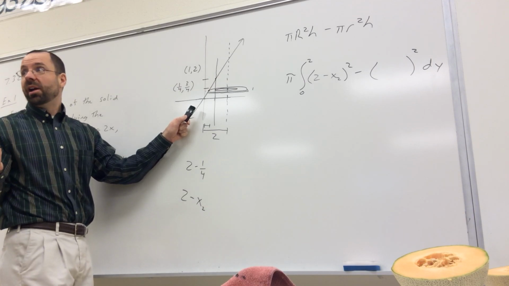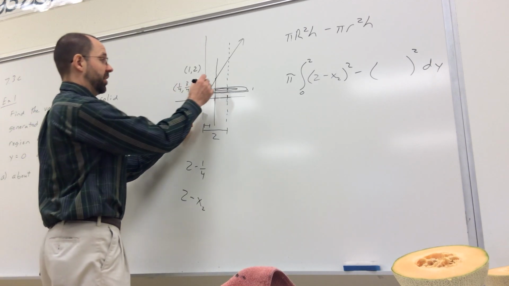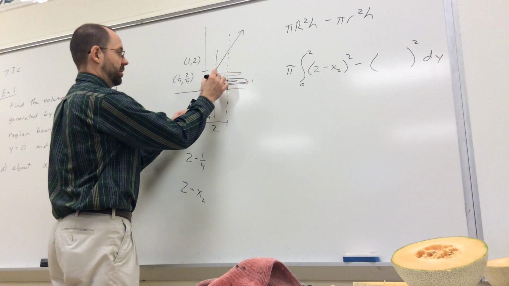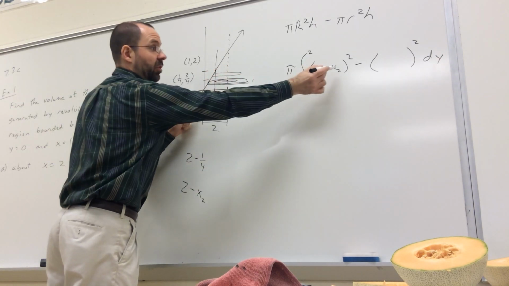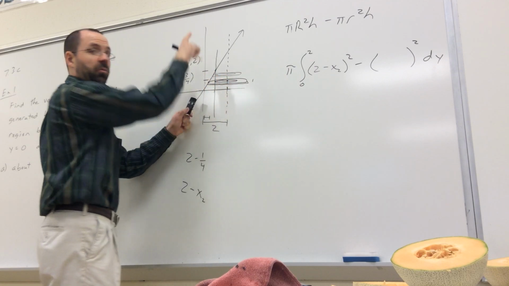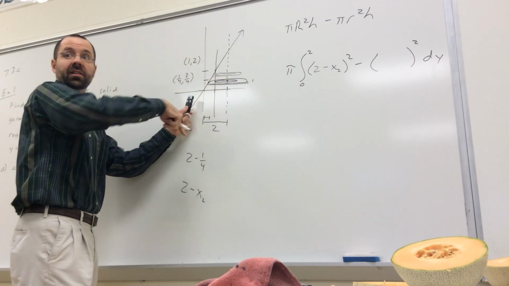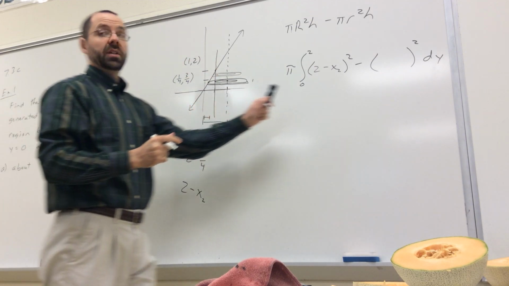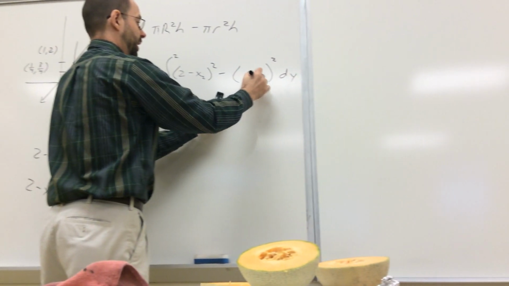It's always 1. Even up here with my other slice. The outer radius changes, that's why I need a formula for it, but my inner radius is 1 no matter what, because this is a straight up and down line, so the inner hole doesn't change. So the inner radius is 1 no matter what.